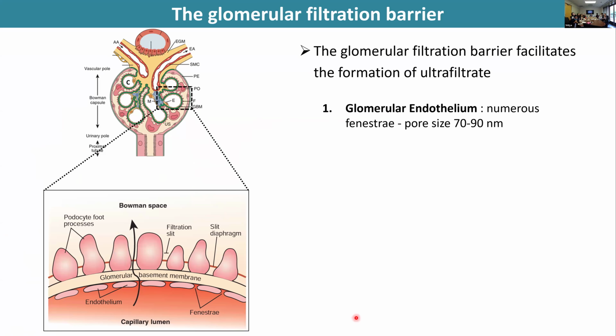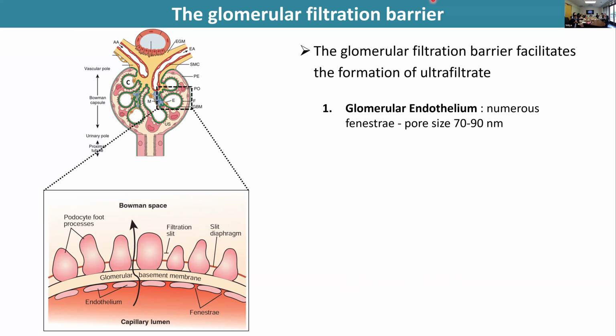So the important aspect of this renal corpuscle is the glomerular filtration barrier. You'll see how this glomerular filtration barrier helps in filtration and also in regulating GFR in the physiology lecture. But I'll touch on the structural components that are essential for regulating the filtration.